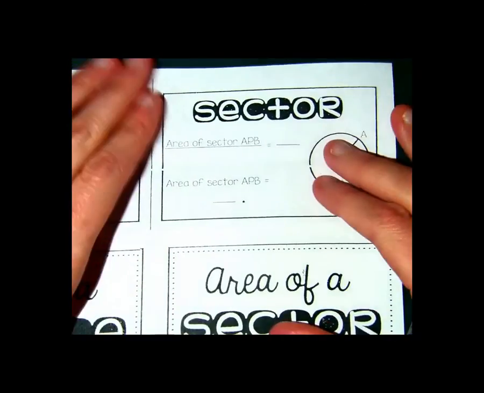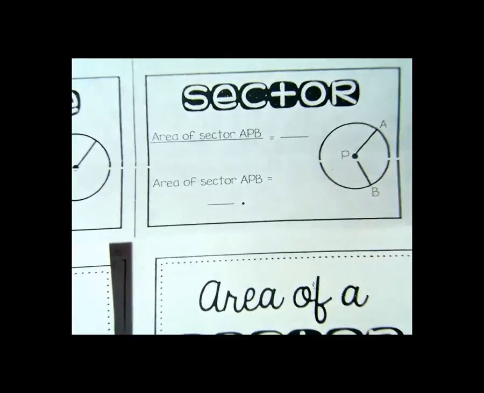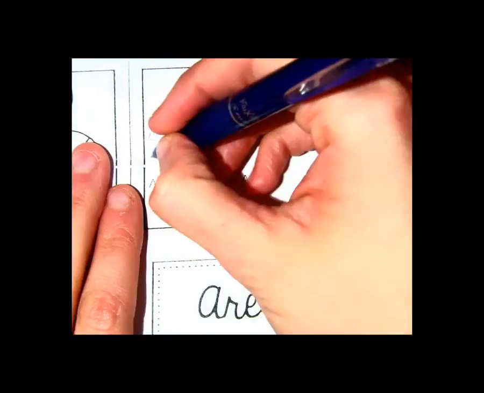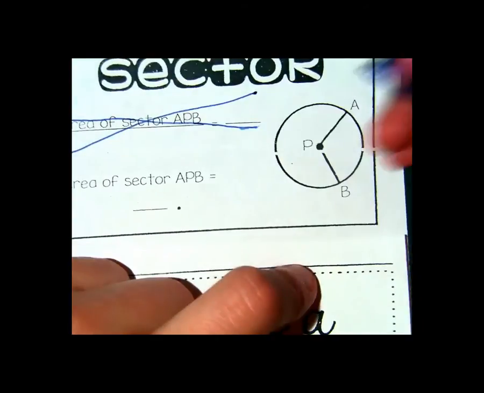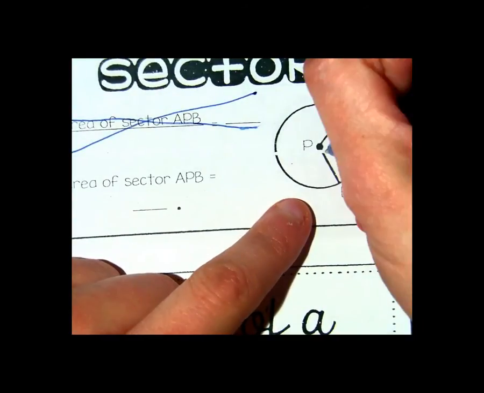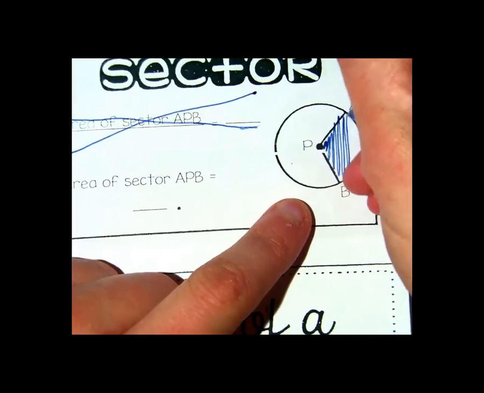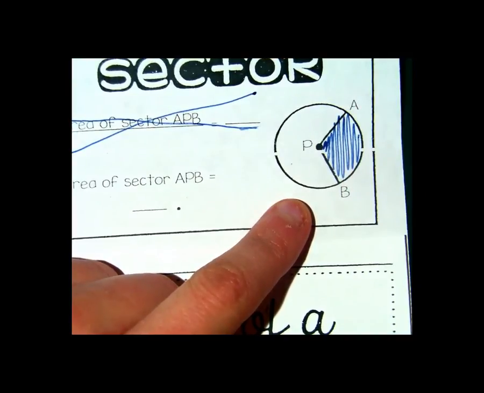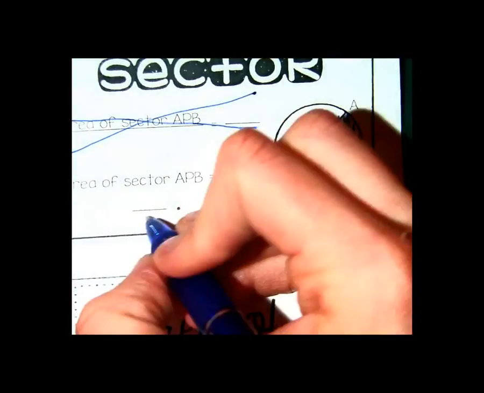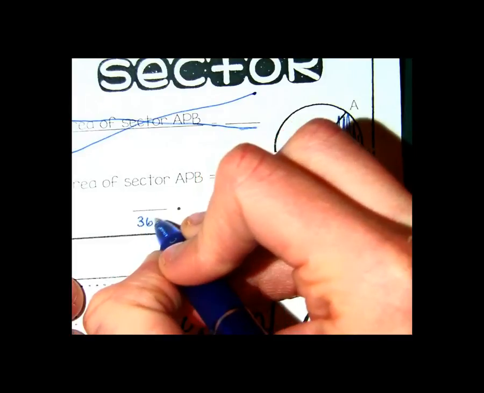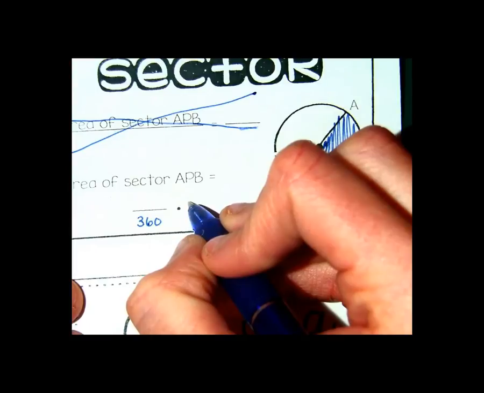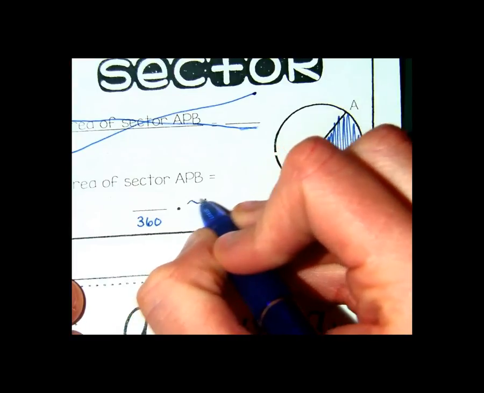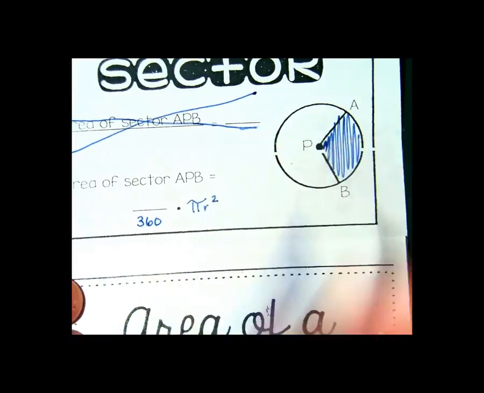Let's look up here and let's think about our formula. I don't care about this portion right here. Alright, if I'm finding this sector area, how many total degrees are there in a circle? And I'm finding the area, so I need to multiply by pi r squared.